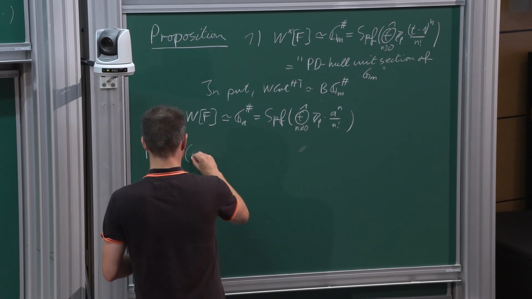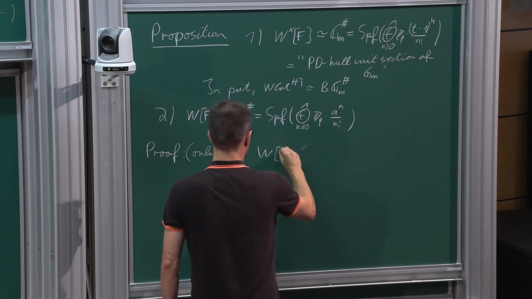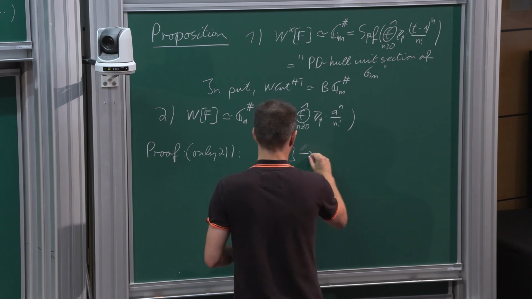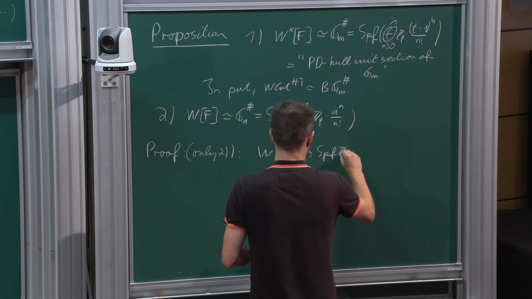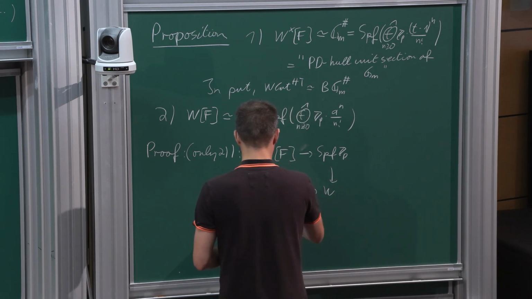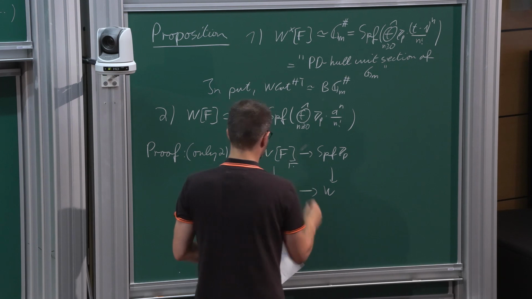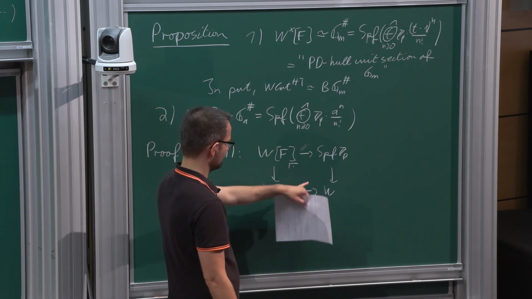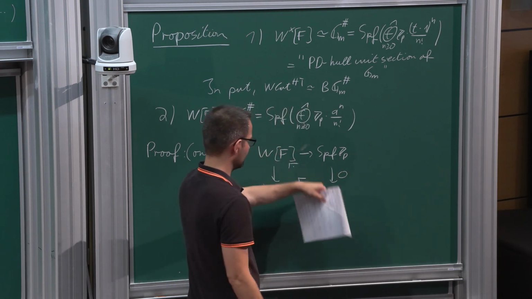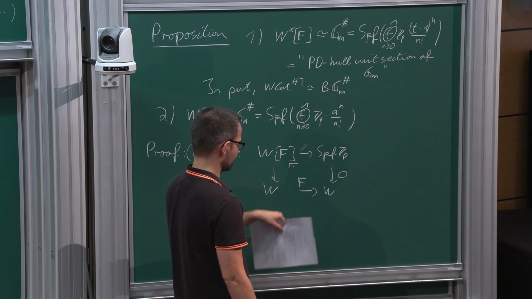Because that can be done directly, by the definition, this group scheme is the fiber product of the unit section in the Witt vectors with the Frobenius of the Witt vectors.